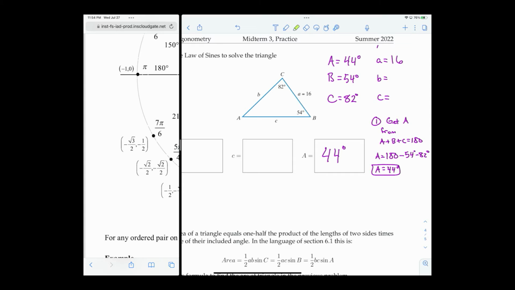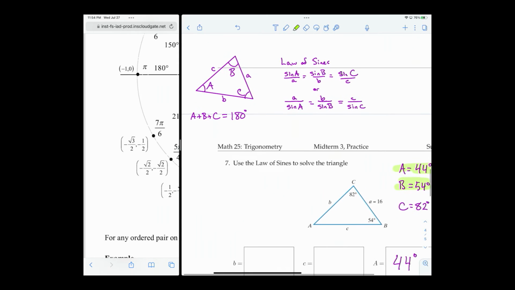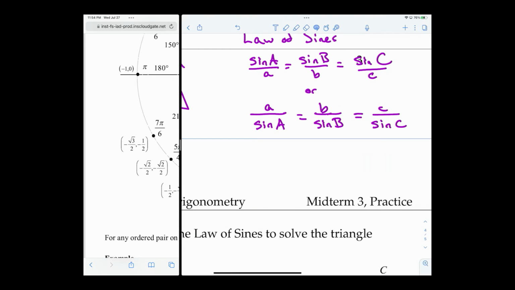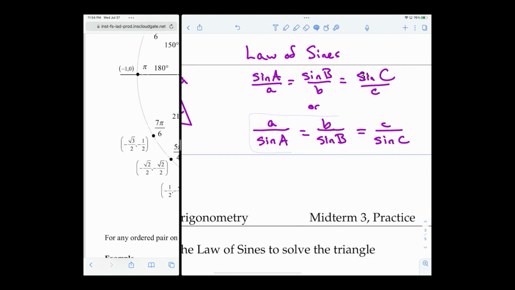So here's what you do. We know these two now, and we know the b, and we could calculate this b using the law of sines. So you take the law of sines and you just take the part that will have what you need.